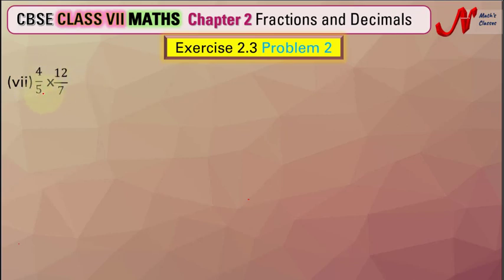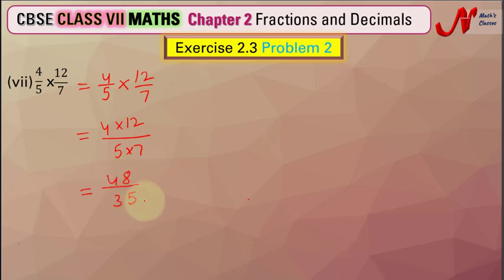Now we solve the 7th bit of the problem 2. Here given 4 by 5 into 12 by 7. Here no cancellation is possible, so it can be written as 4 into 12 divided by 5 into 7, which is equal to 4 12s are 48 divided by 5 7s are 35.